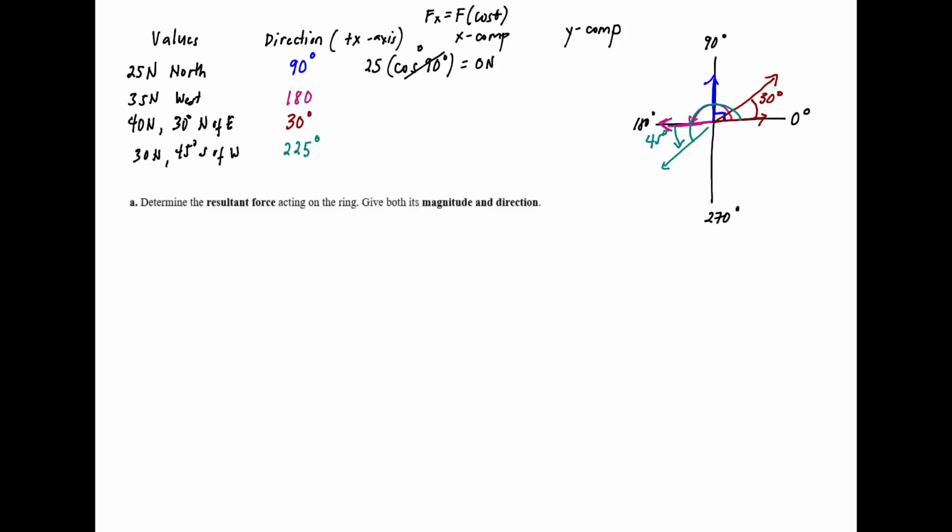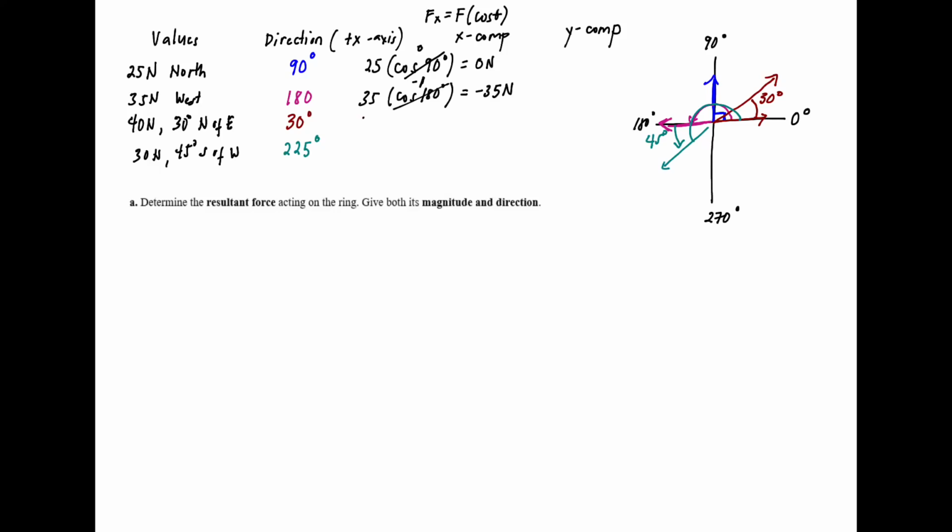Next, we have this value, 35, multiplied to cosine of 180 degree. And cosine of 180 degree, if you press on your calculator, is -1, and then this one will become negative 35 Newton.